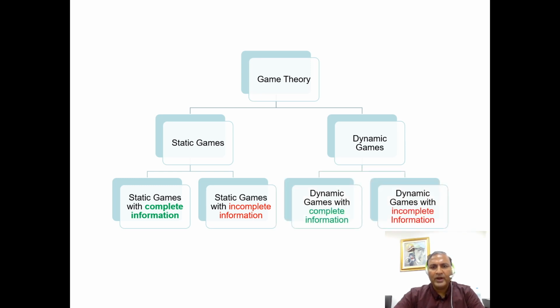Similarly, we can divide dynamic games into dynamic games with complete information and dynamic games with incomplete information. So until now, we have finished static games with complete information, and now we are going to start dynamic games with complete information.